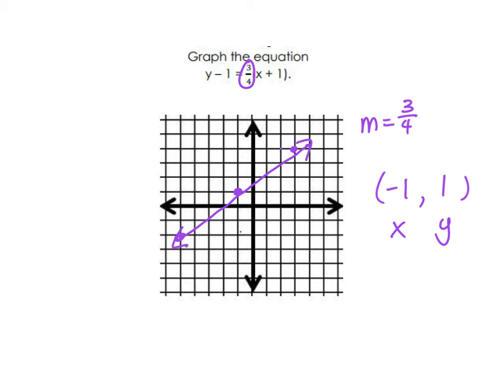So there's our equation. Now, I want to talk about the y-intercept being kind of a weird place. And I don't know for sure what it is. So what I want to do is change this equation to slope intercept form so that we can see what that looks like. So y minus 1 equals 3/4 times x plus 1.